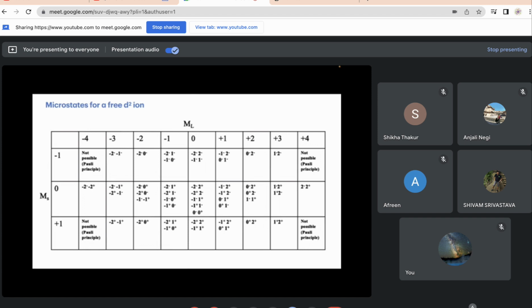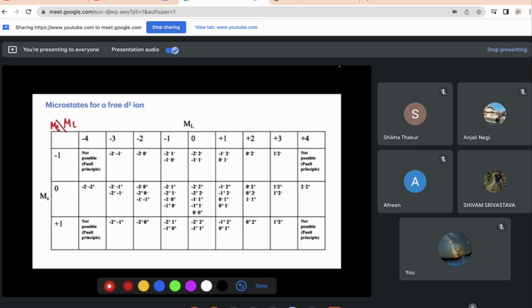So we can express it in a microstate table. Here you can do ML slash MS, or vice versa. You can define your table by yourself.